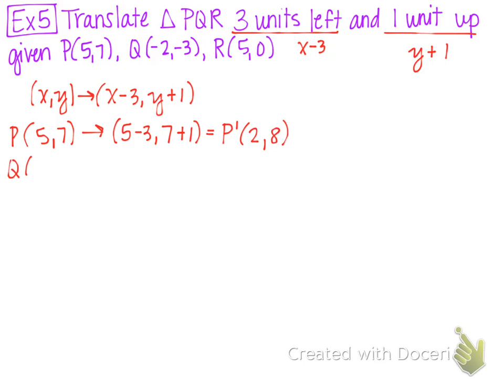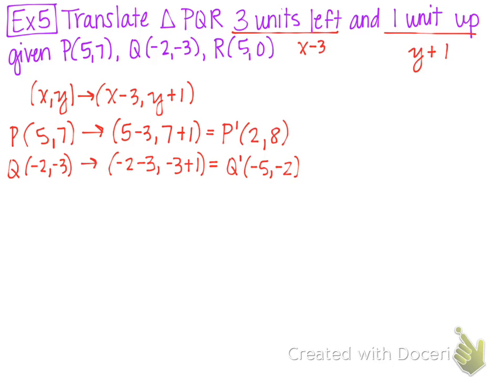Okay, Q is originally at (-2, -3). So we're going to take -2 and subtract 3 from it, and we're going to take -3 and add 1 to it. And that's going to give us our Q prime. So we have (-5, -2).